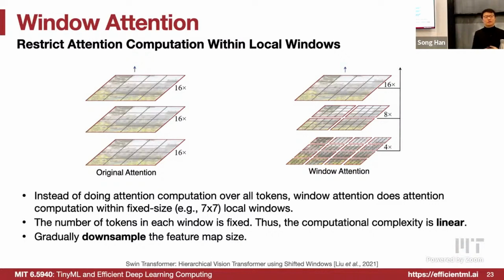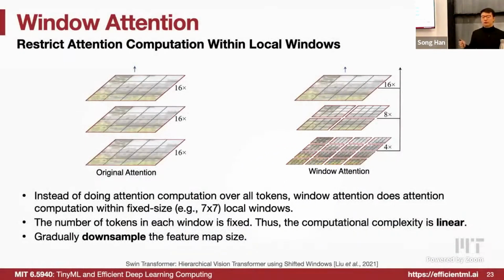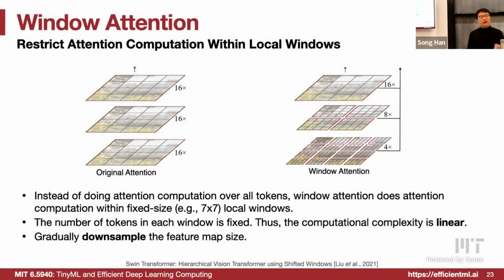If the image resolution gets pretty large, the computation grows quadratically. So instead of doing attention computation over all the tokens, we can apply window attention. The attention mechanism only happens within the window. Say this window size is 7 by 7, so the attention only happens within this local window.